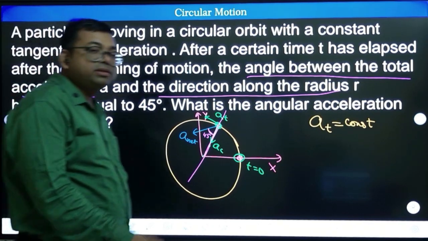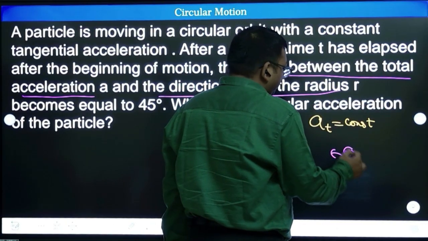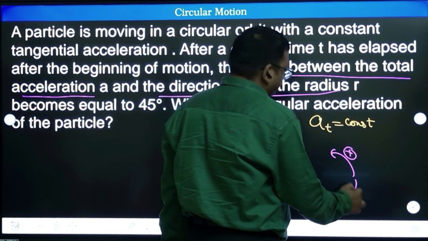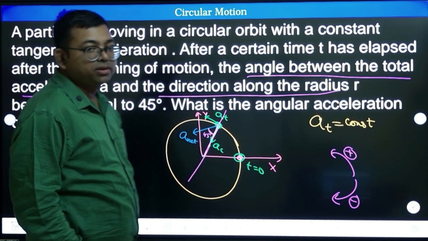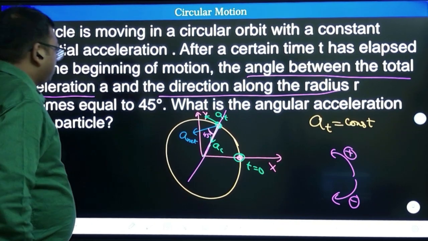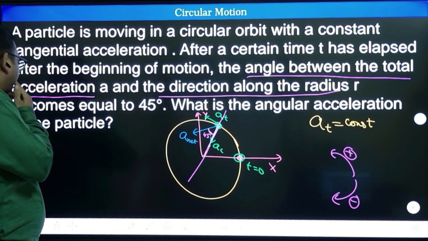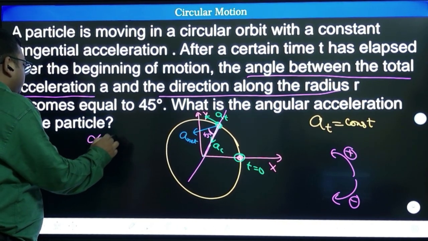If it is going anti-clockwise, it is positive, and if it is going clockwise, it is negative. That is the direction, plus or minus. So now, when we solve, they are asking the angular acceleration, alpha.